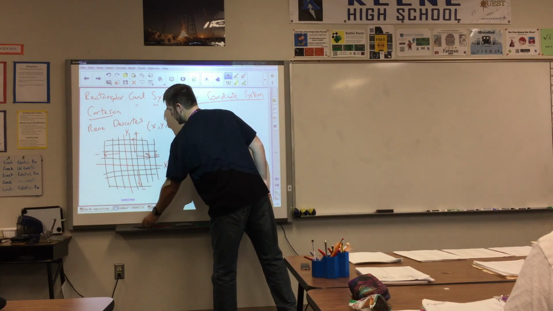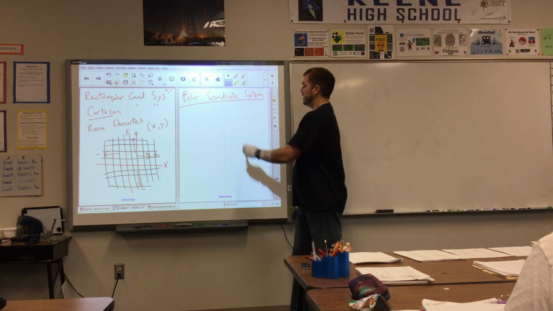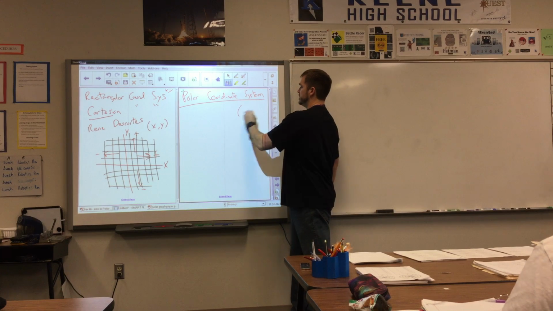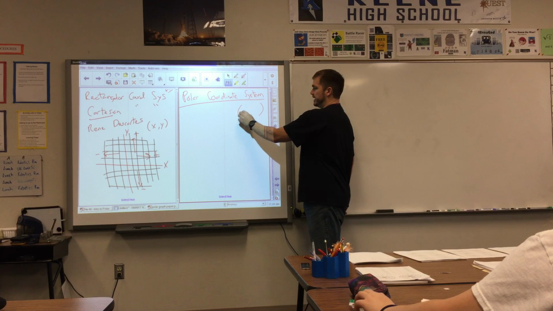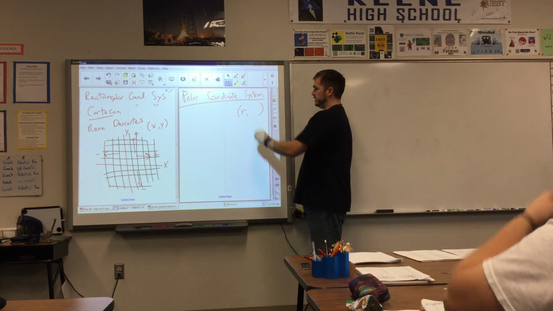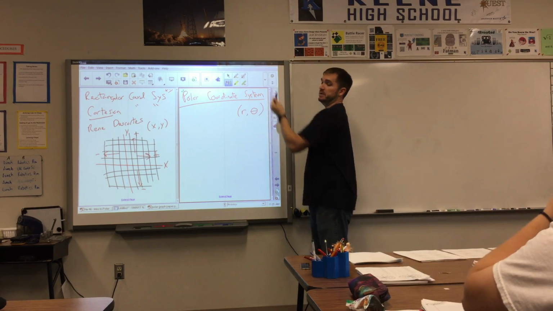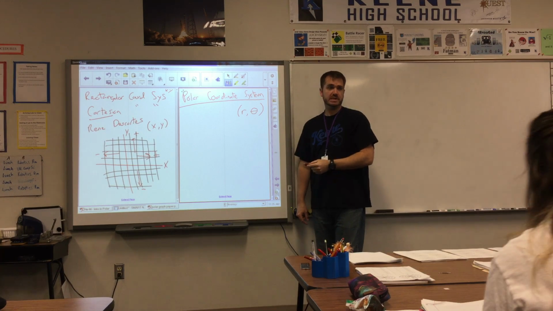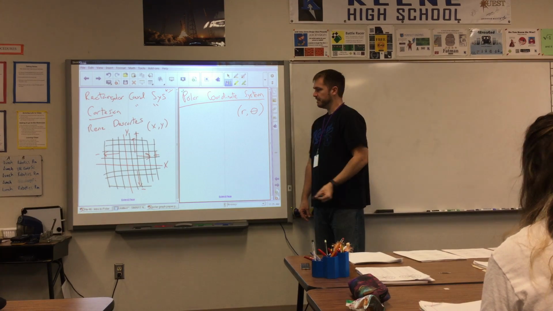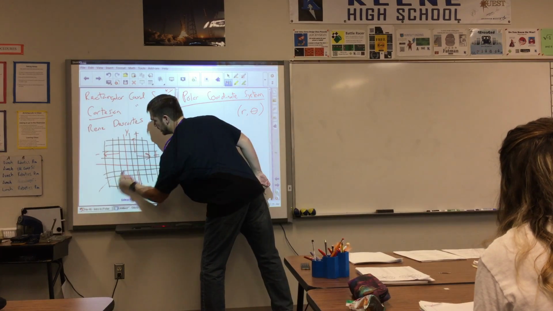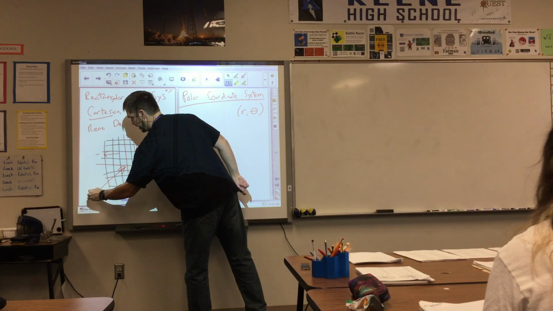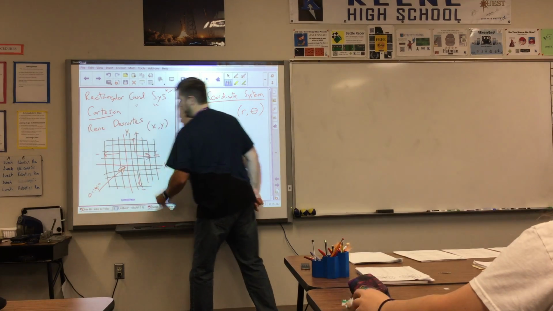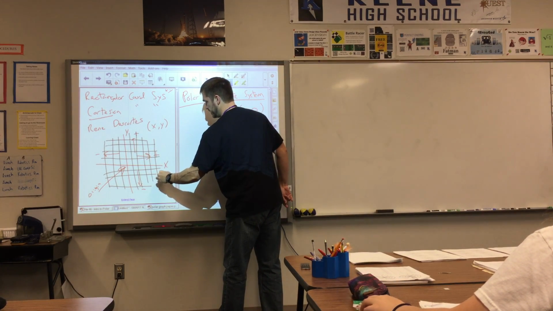The polar coordinate system also has an ordered pair, but in the first position we have R, and in the second position we have the theta. Sound familiar? In the rectangular coordinate system, we had the origin and these other things which are called the axes.